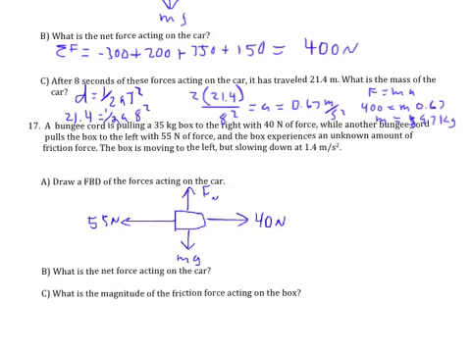The box experiences an unknown amount of friction force, but the box is moving to the left and slowing down. Since it's moving to the left, I know the friction force must be exerted in this direction here, and I don't know what that friction force is.